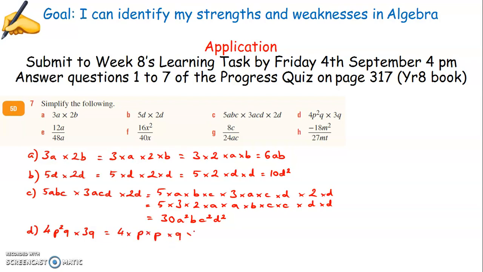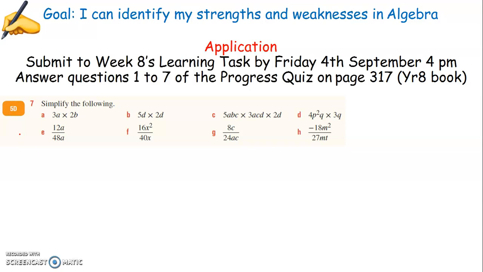Times q times 3 times q. So let's rewrite this: 4 times 3 times p times p times q times q. And 4 times 3 is 12. p times p is p squared, and q times q is q squared. Okay.